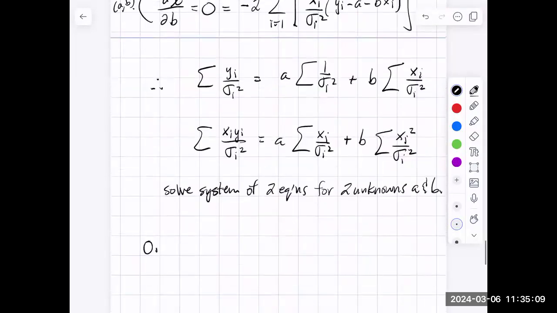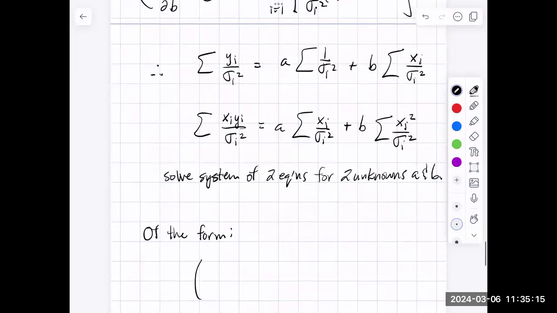So this is of the form UV is equal to UA, UB, VA, VB, times AB.